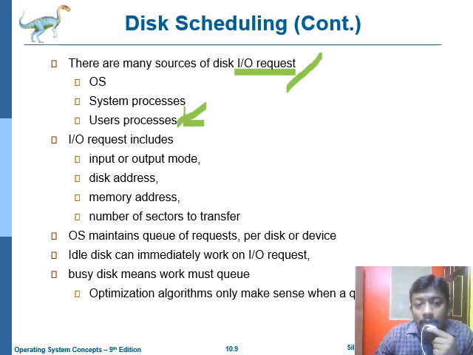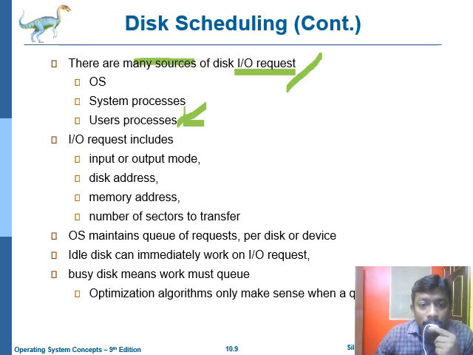If a user wants to save some file or data on that hard disk, that is called a user process input output request. If a program is running and wants to read data from the disk, that is called a system process. The OS will also do the same thing. So the requests come from the OS, system processes, or user processes.